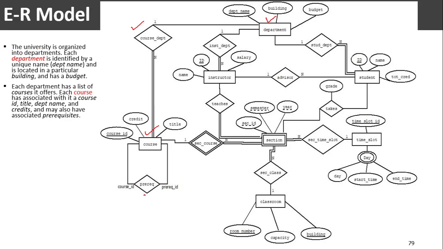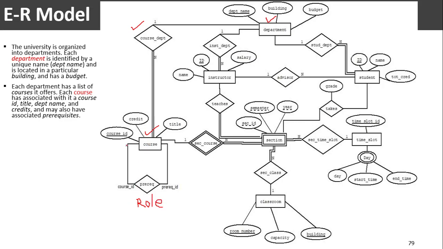So with this relationship, it is possible for me to depict or to store the information for which course, which courses are the prerequisites. So this is depicted here as the role. So we are having the labels associated with those roles.